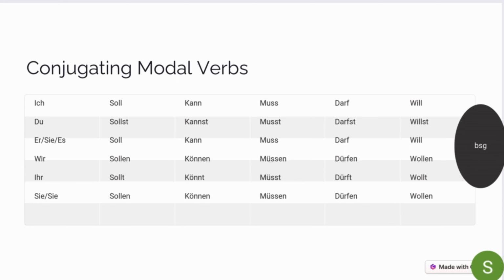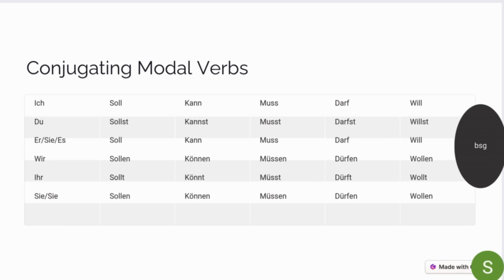So the first personal pronoun ich, sollen becomes soll. The du form is sollst. Er, sie, es form is soll. Wir form is sollen, it retains the infinitive. The ihr form is sollt with a t at the end. The sie for they and the Sie for you retain the infinitive form. Note there are two of these here.